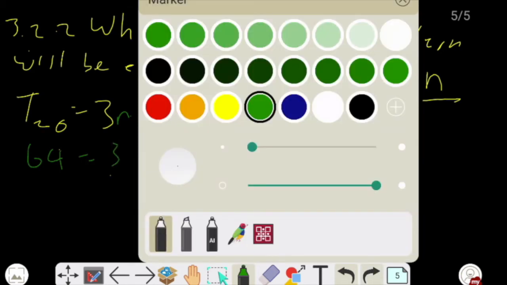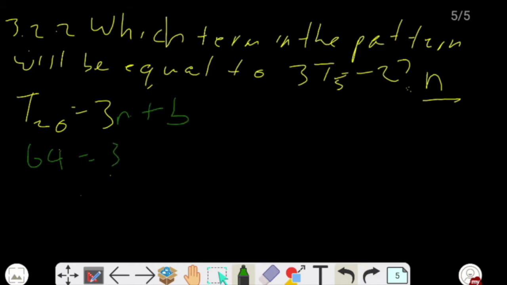And then we are trying to find what? We are trying to find B in this case for us to be able to solve.